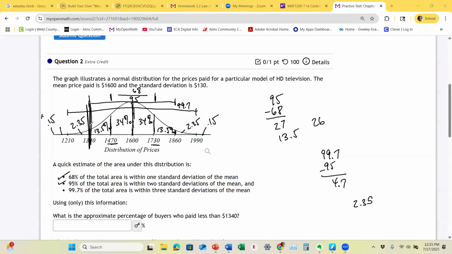So 2.35 plus 0.15. What do you get? 2.5. Okay, if I erase this, make sure you have those areas copied down somewhere.